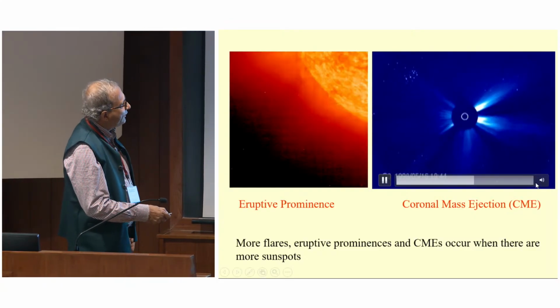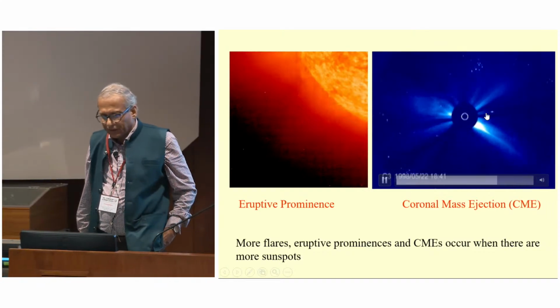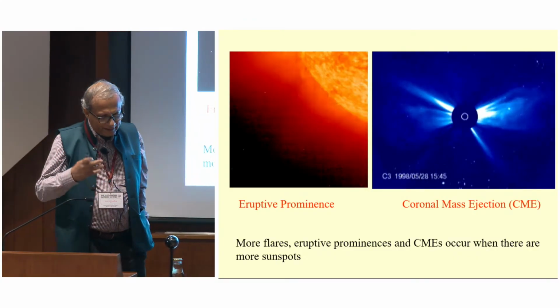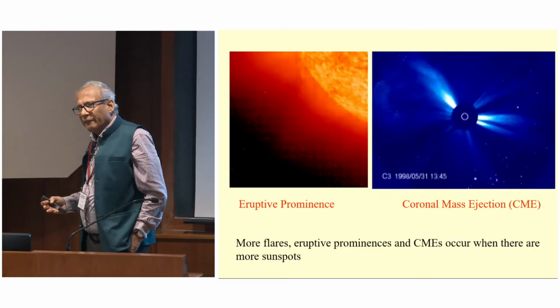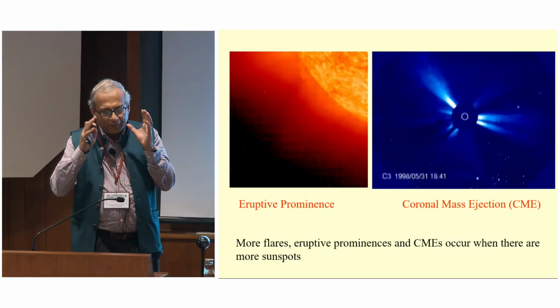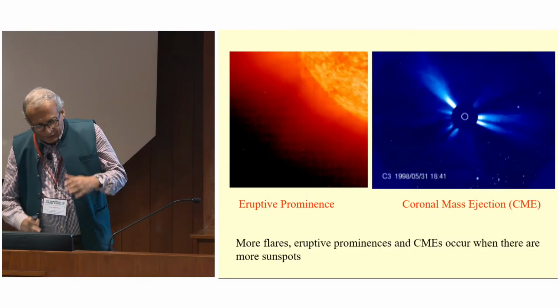I will mention that this image of CMEs is taken with a space coronagraph. A coronagraph is a device in which an artificial eclipse is produced inside a telescope by blocking the sun's disk.